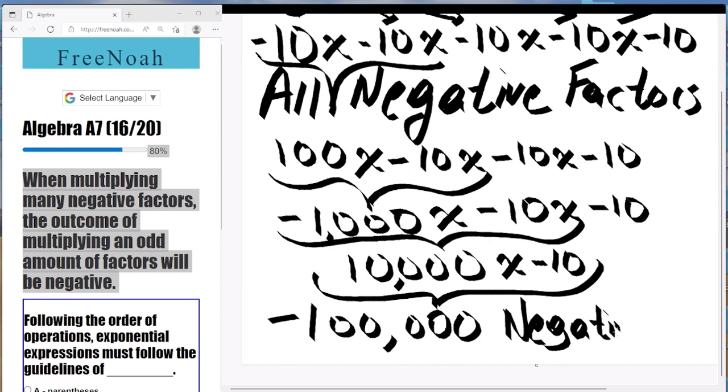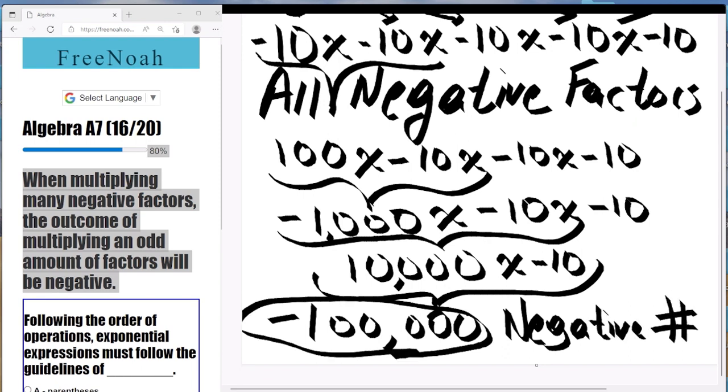So ultimately we came out with a negative number. Okay, and that's kind of what the pattern is. If there is an odd number of factors and they're all negatives, the final product will be a negative number.